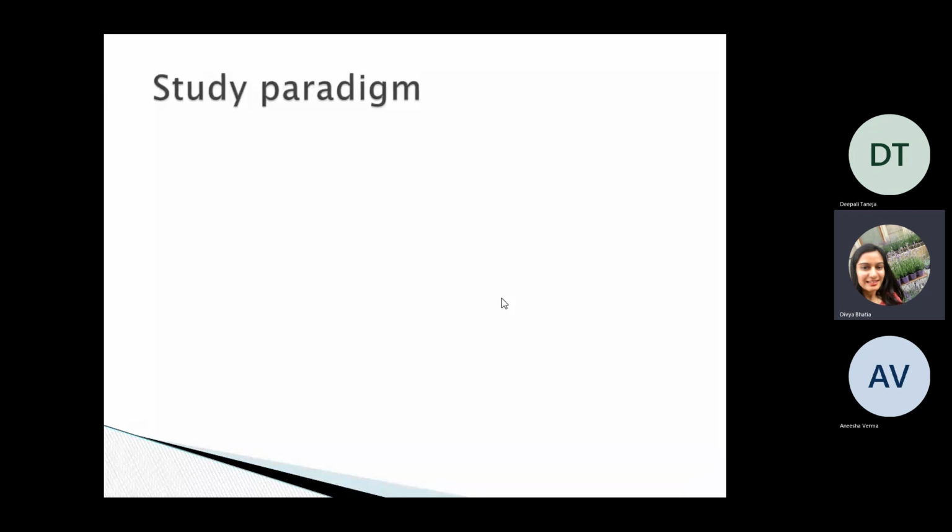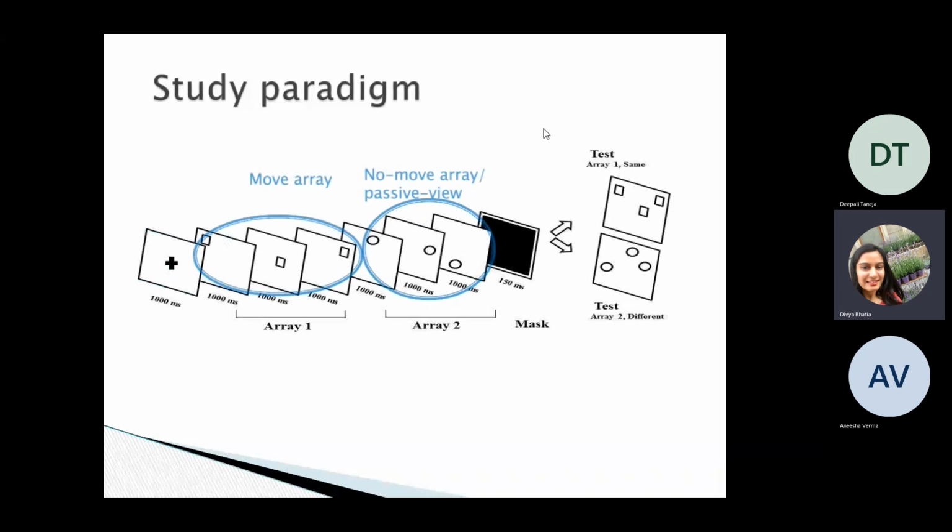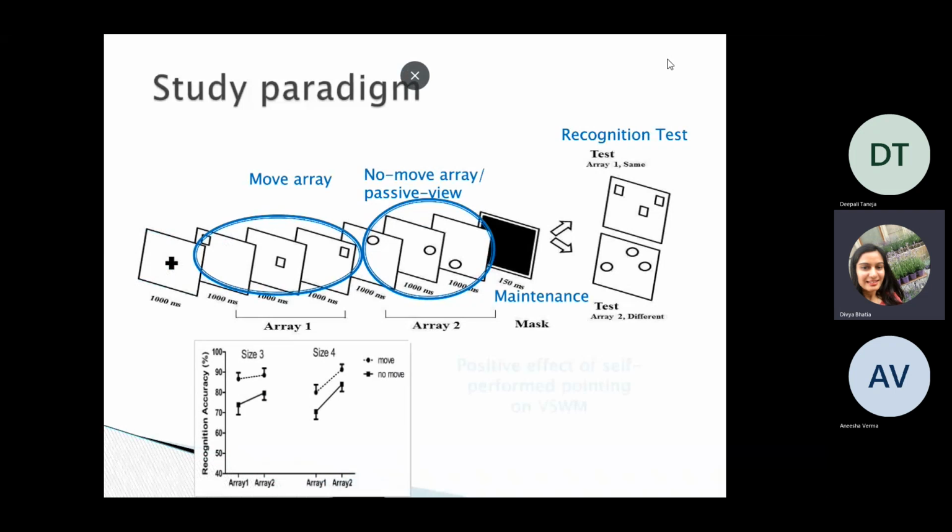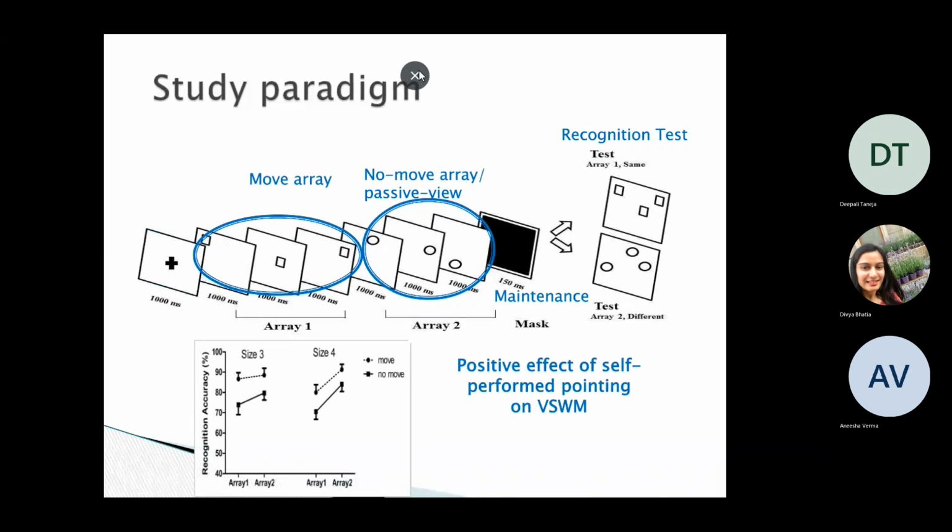You are paying attention to these different locations in space, and consider a square as the move array, meaning that you make the pointing movements towards these locations, wherever the squares are printed on the page. Consider this a computer screen, because these experiments are conducted on a computer screen. You make the pointing movements towards the locations of the squares, but passively observe the location of the circles.